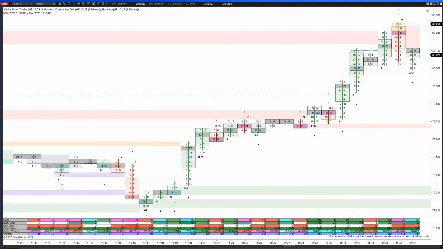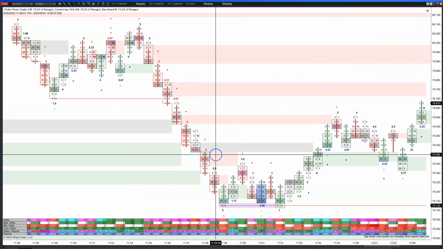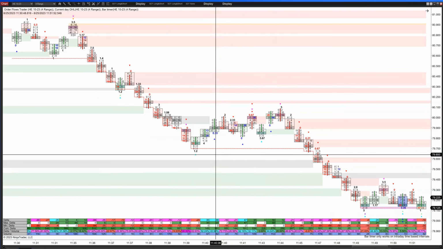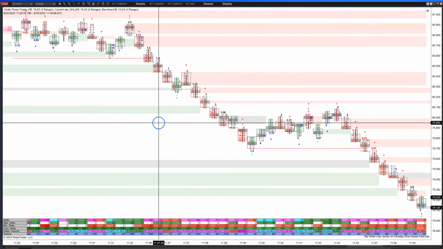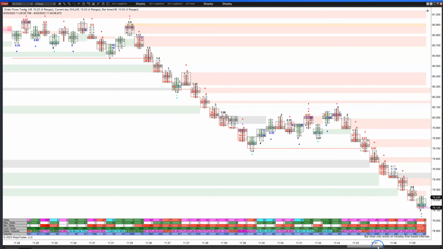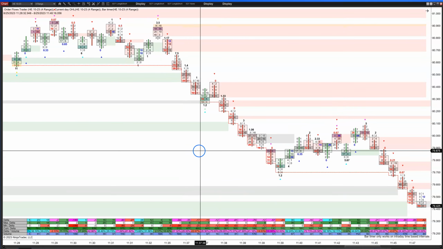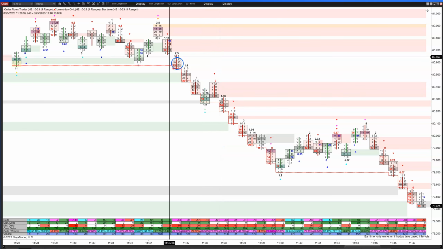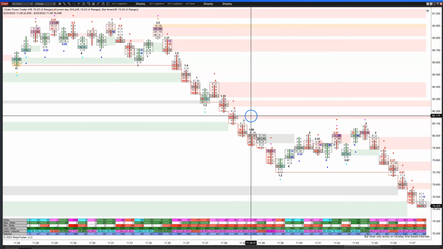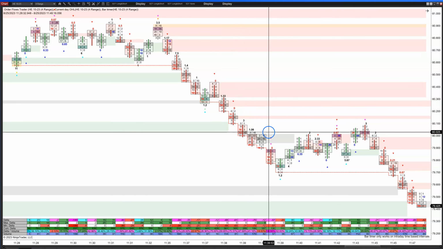If you're using a range-based chart, it's pretty consistent. Obviously the volumes are going to be different. If the market is moving fast like it did on Friday, here we got a drop, but it's still relatively slow. This range-based chart is at times about a 30-second chart.